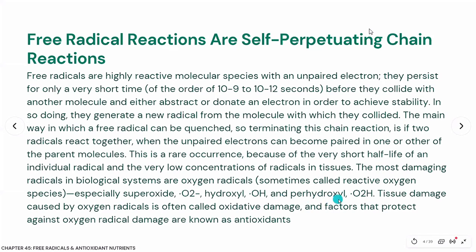Where hydroxyl, we have a dot here, O2H. Okay. Tissue damage caused by oxygen radicals is often called oxidative damage. And compounds or molecules that prevent this are known as antioxidants. Okay?